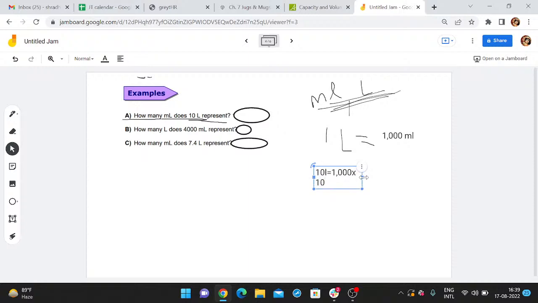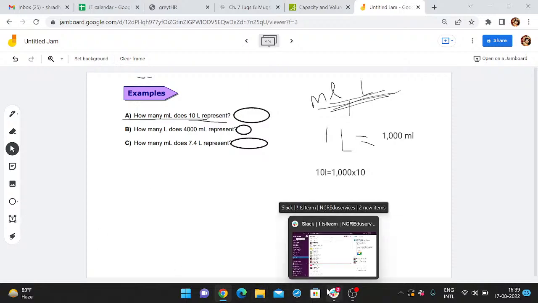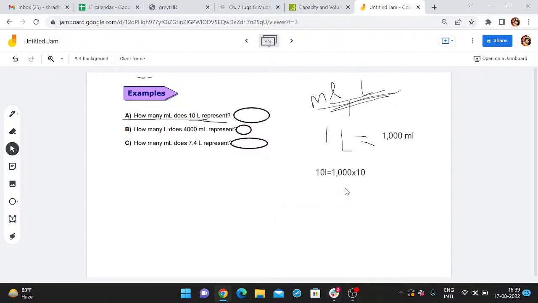Now who is going to explain me this conversion? And can anybody give me the answer for 1000 times 10? So as we have done in our classes, if we're making 1000 10 times larger, we're just going to add a 0 next to it.